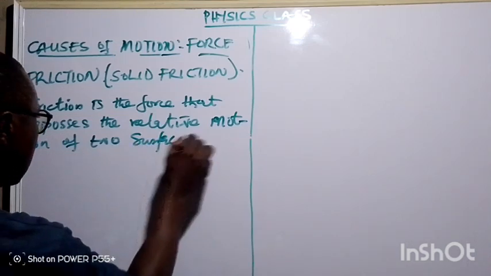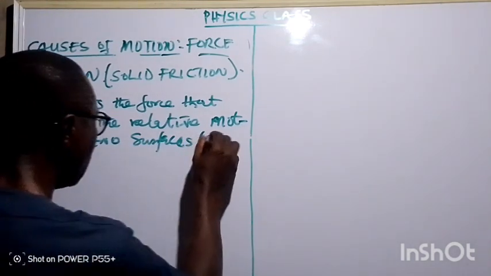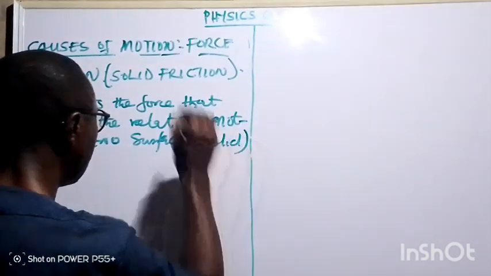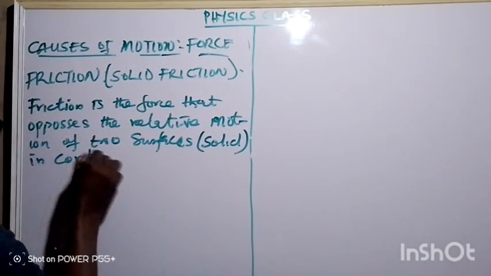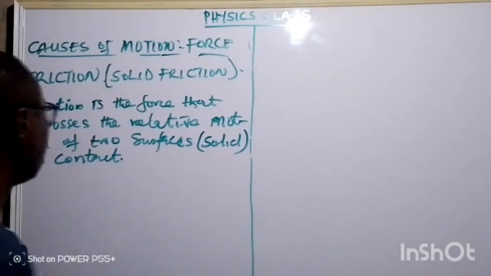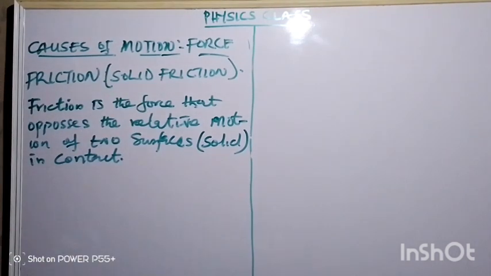The two surfaces must be solid, in contact. That is, it opposes the relative motion of two surfaces in contact.